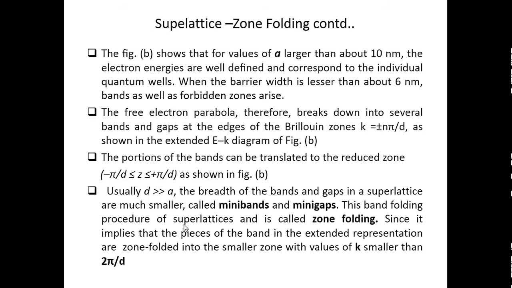Now, figure B shows that for values of A larger than about 10 nanometers, the electron energies are well defined and correspond to individual quantum wells. If the well thickness, the value of A, is more than 10 nanometers, in the case of a quantum well the electron energies are well defined, nearly equal to those of individual quantum wells.